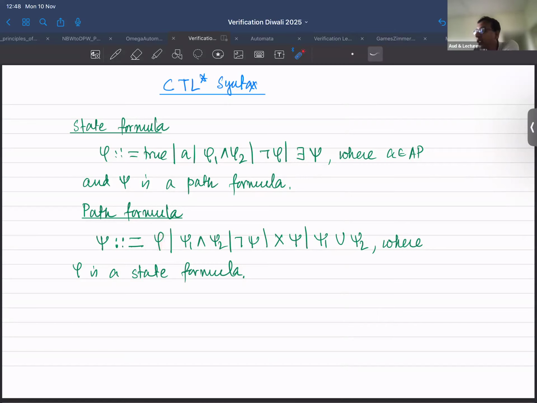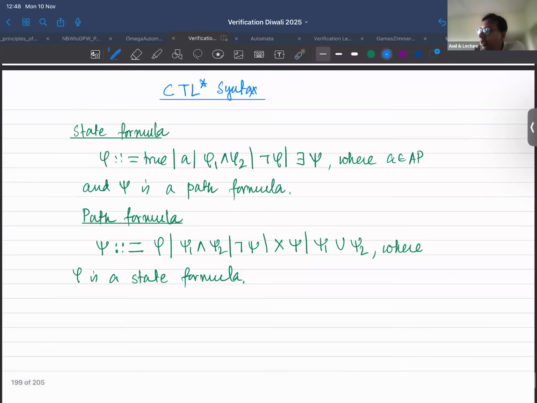So you can have there exists phi, and this phi can be again phi 1 and phi 2, or you can have, let's say, X of psi, and the psi can be again a phi, right? So for example, suppose I have there exists, I want to say F G A.